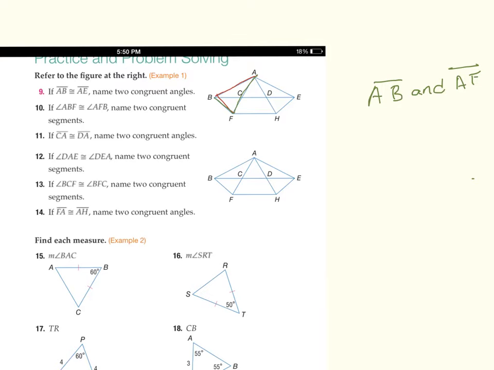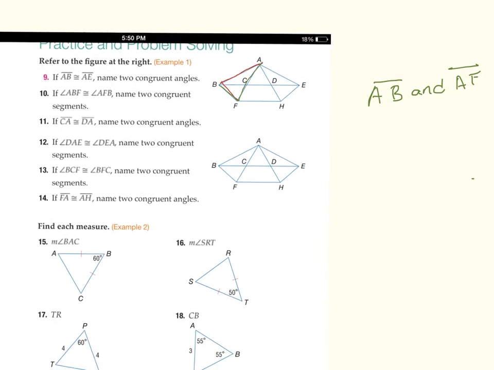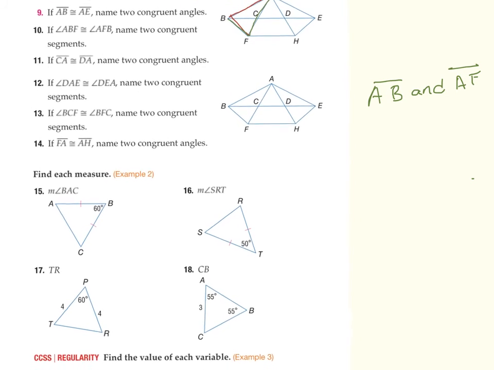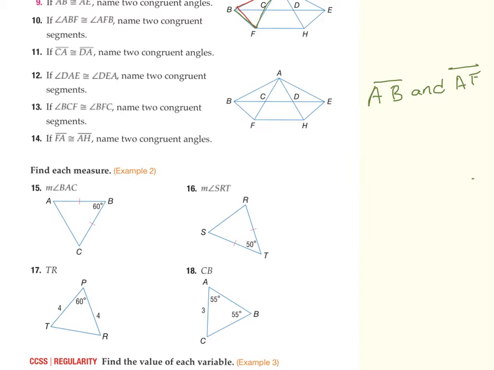So let us move on to number 15. Oh, that's in the back of the book. Let's move on to number 16. All right, so they're asking us to find the measure of SRT, and we know that this angle right here is 50.